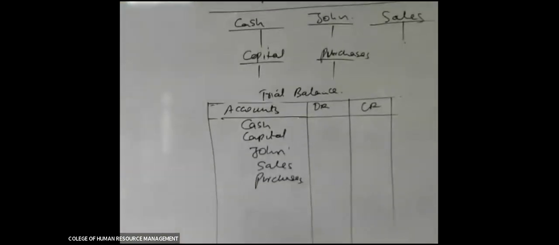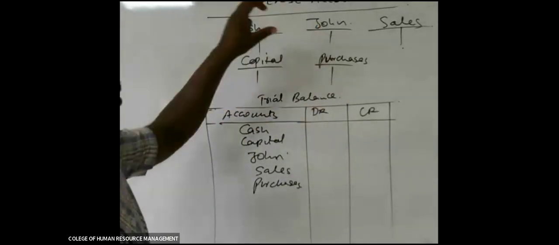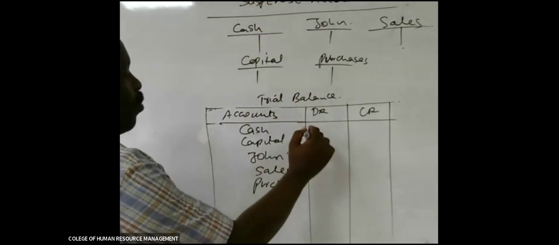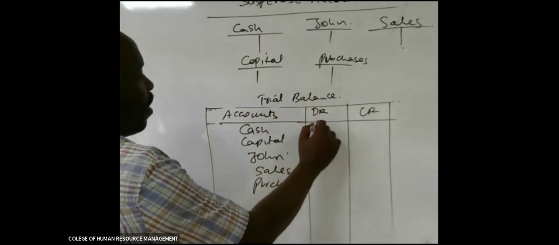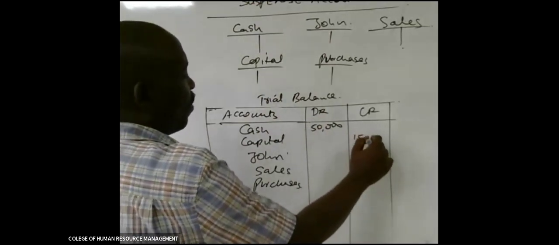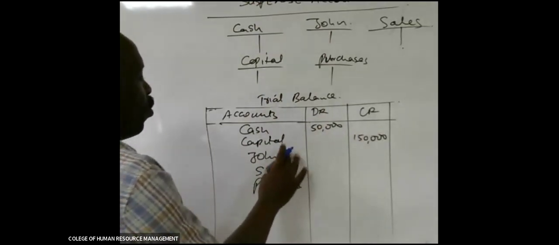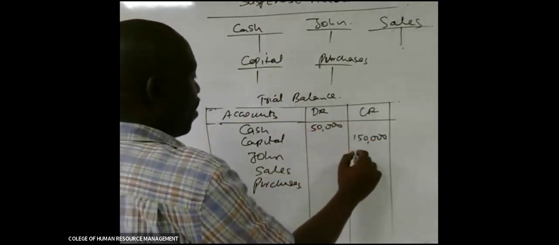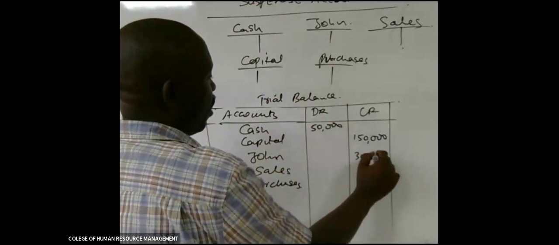If those ledger accounts were prepared correctly, following the double entry rule, then your trial balance will balance. For example, cash, any asset, will have a debit balance, maybe 50,000. Capital is normally credited, maybe 150,000. John, a creditor, is a liability on the credit side, maybe 30,000.